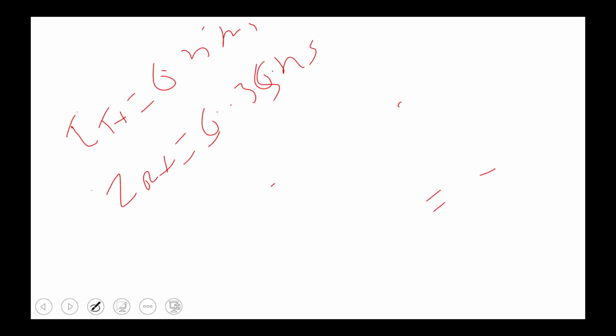Okay, both are in nanosecond. D, the dispersion parameter, is given as 2 picosecond per kilometer per nm.